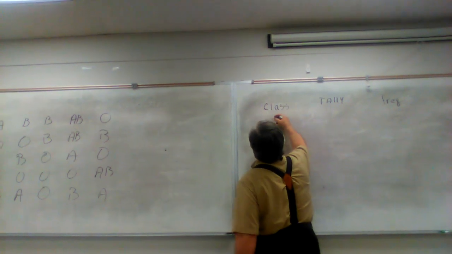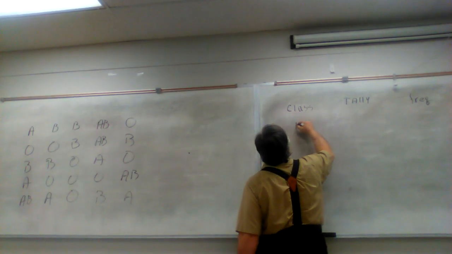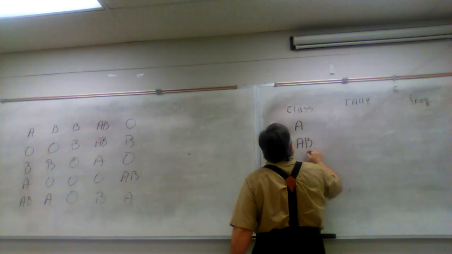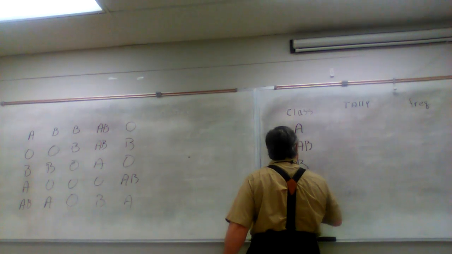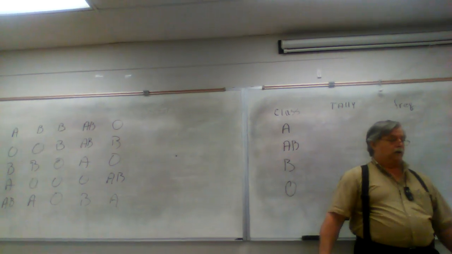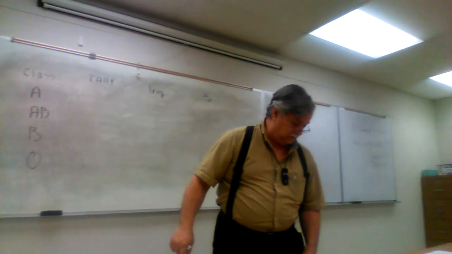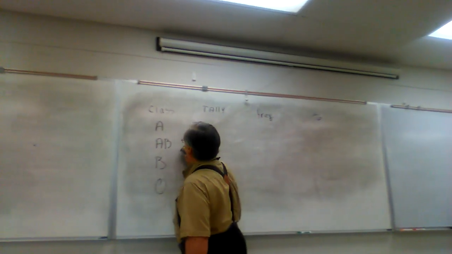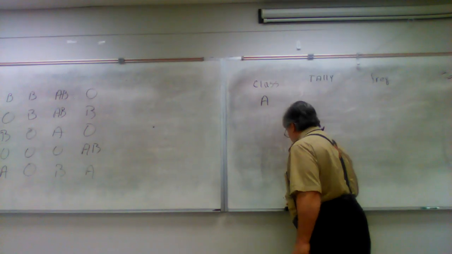So we've got 4 classes: A, B, O, and AB. And I bet I put it in the wrong order. Yep. Here, I'll reorder mine so it matches the book.